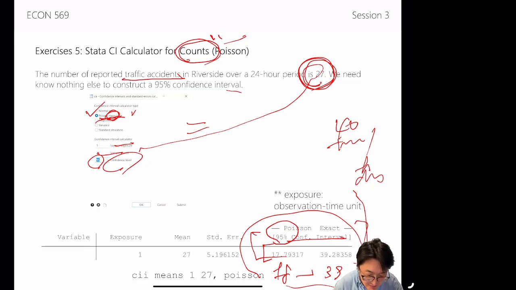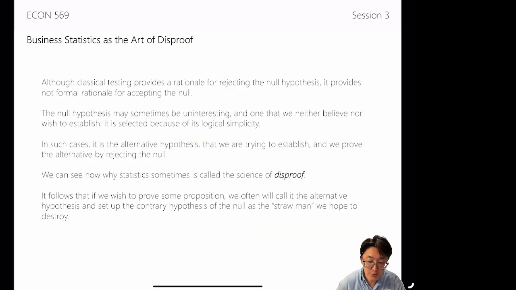And you can see the confidence interval calculator, CII: sample exposure is 1, because you observe this test just one time, the mean is 27, and Poisson. So it's an exercise.